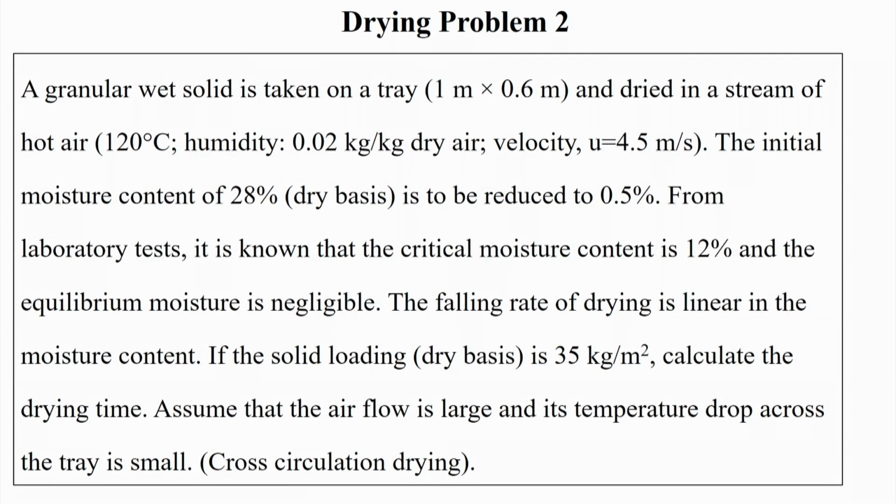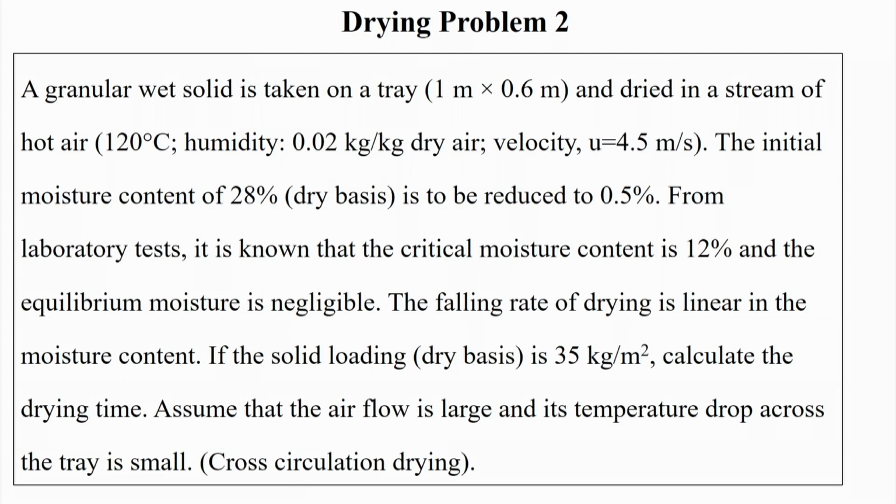In the falling rate period, where we will calculate Tf, the drying rate is linear in the moisture content, so it is directly proportional to the moisture content. If the solid loading is 35 kg per meter square, calculate the drying time.